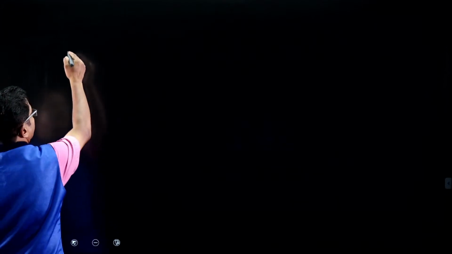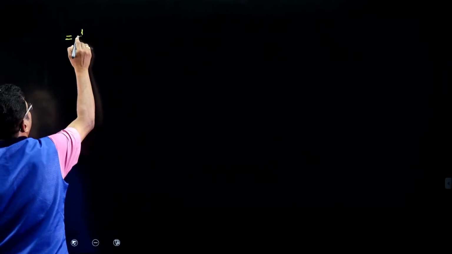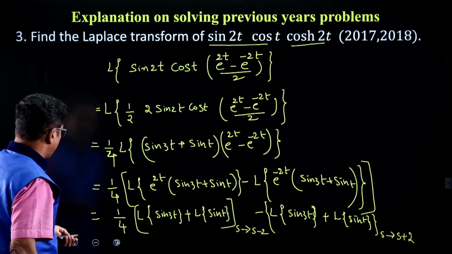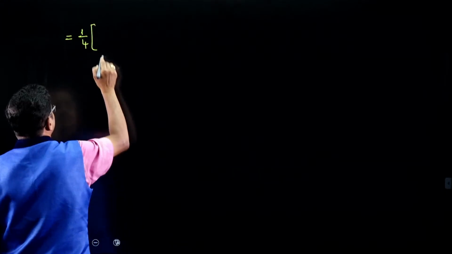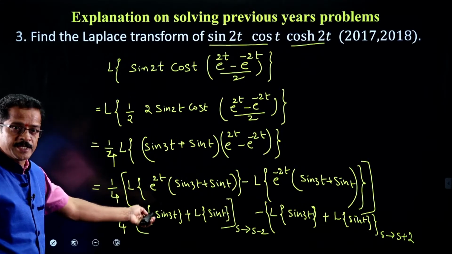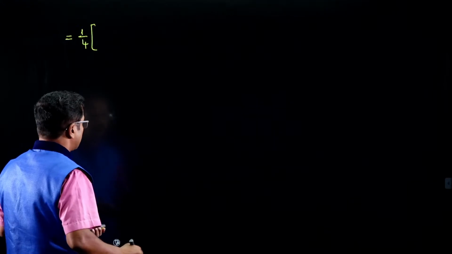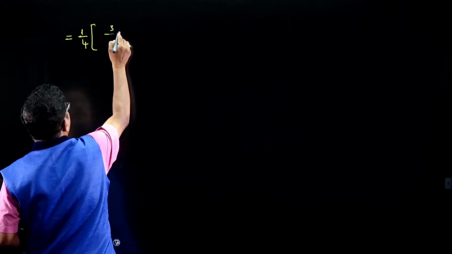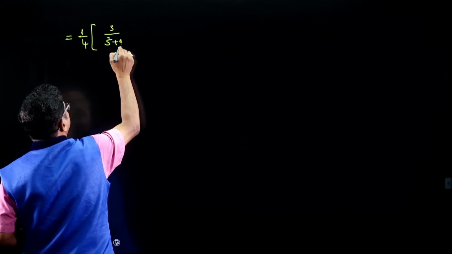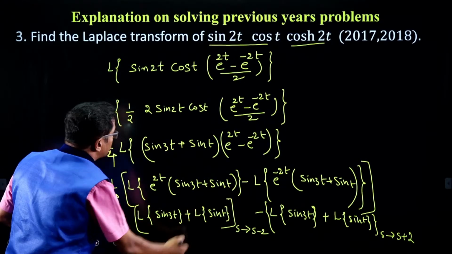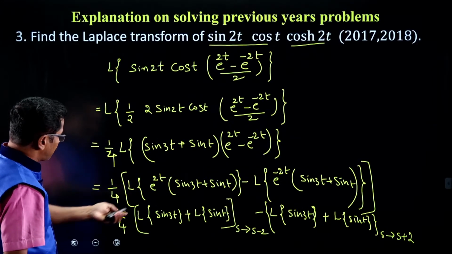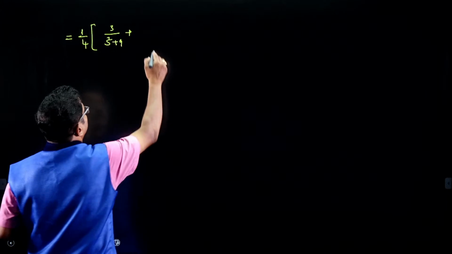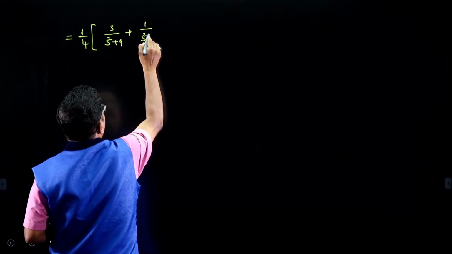So which is equals to 1 by 4 into L of sin 3t, which is 3 by S square plus 9, plus L of sin t, which means 1 by S square plus 1.